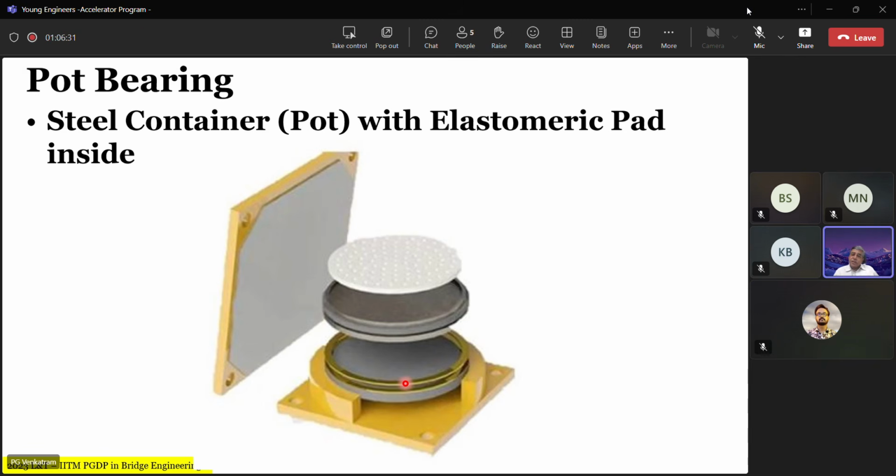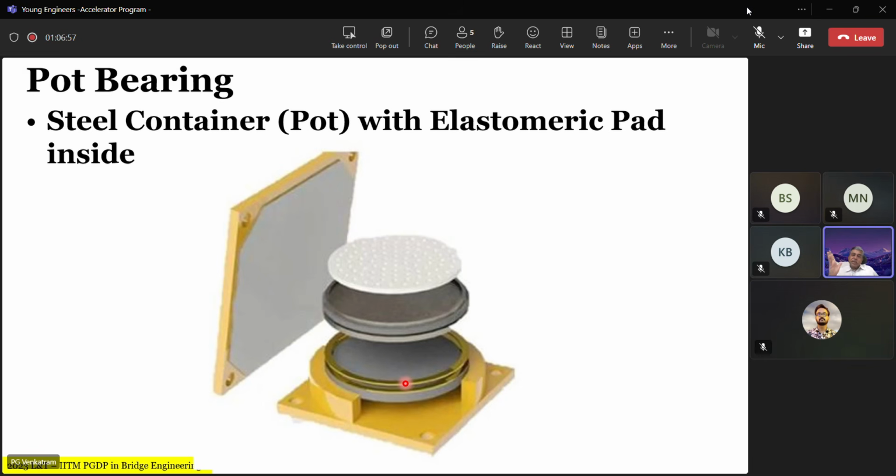And the same rubber, if it is used in a pot bearing, where it is confined on the sides by the walls of the pot, at the bottom by the pot base, and at the top by the piston, then the bearing stress on the rubber will increase to 40 MPa.